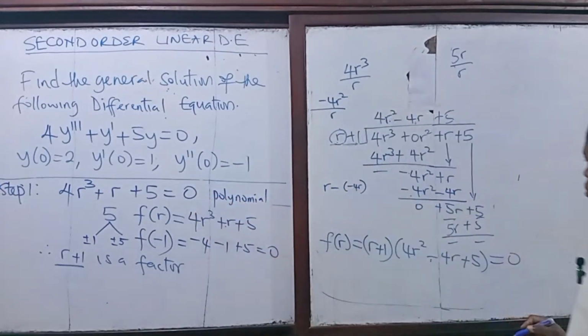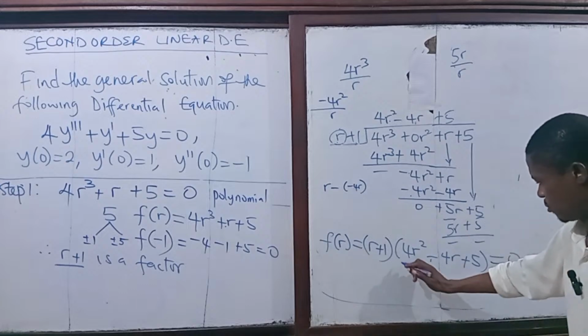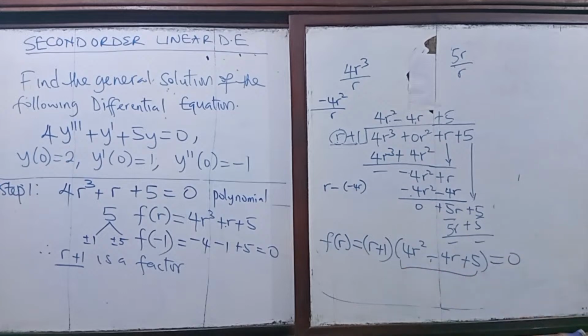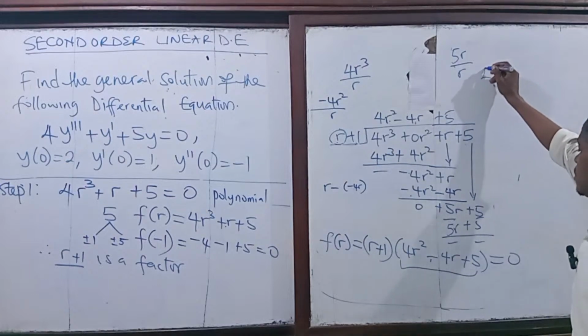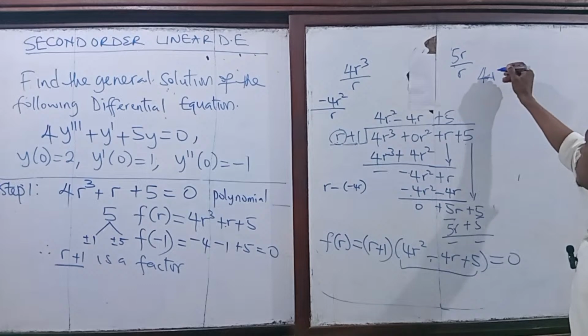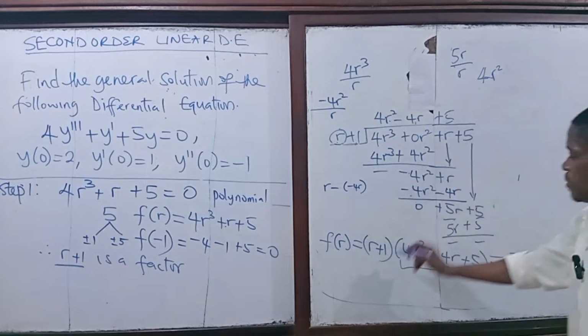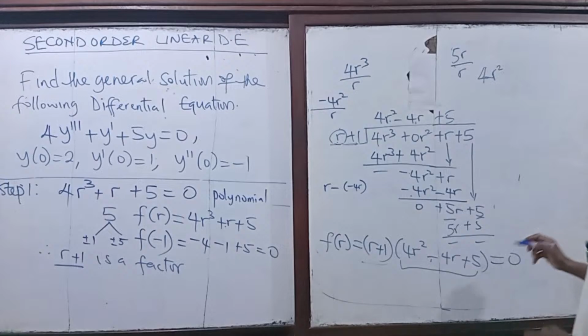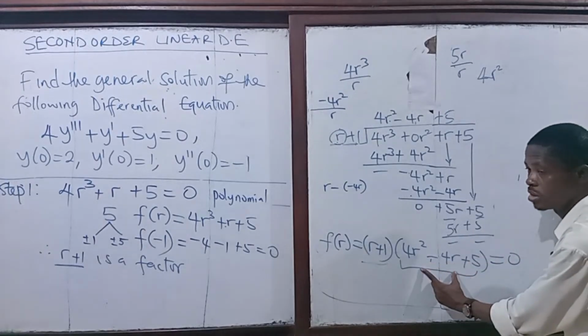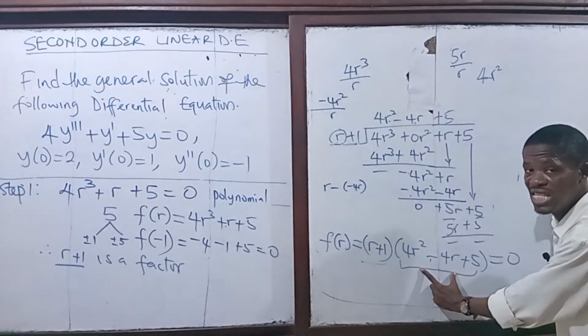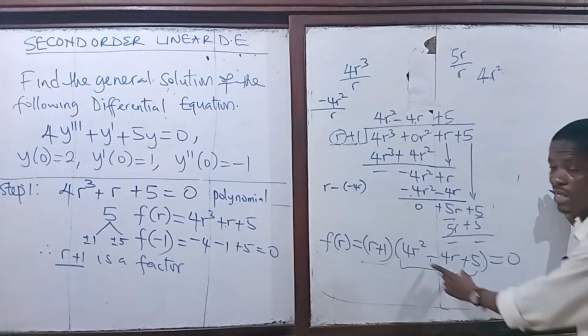We're going to factorize this quadratic expression. Let's see if we can factorize 4r squared minus 4r plus 5 into a product of two linear expressions.